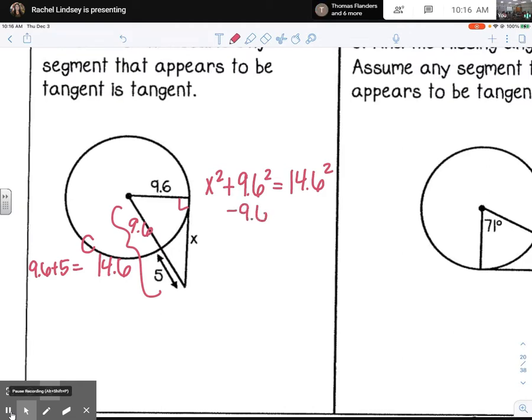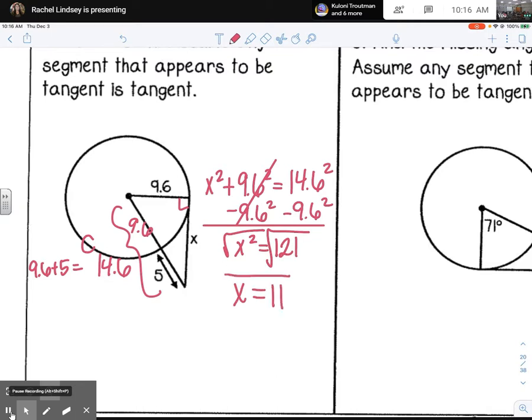So subtract that 9.6 squared from both sides. And you will get x squared equals 121. That means x equals, square root it, 11. x does equal 11.